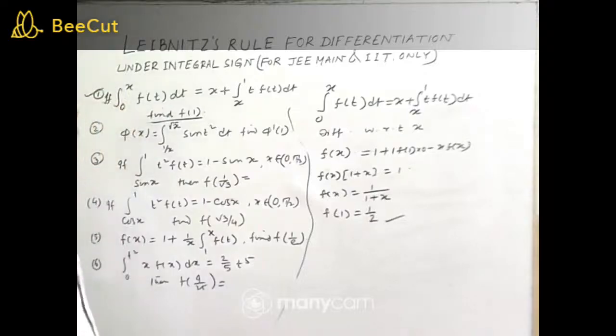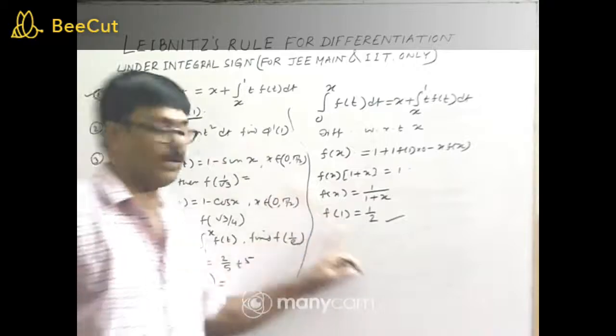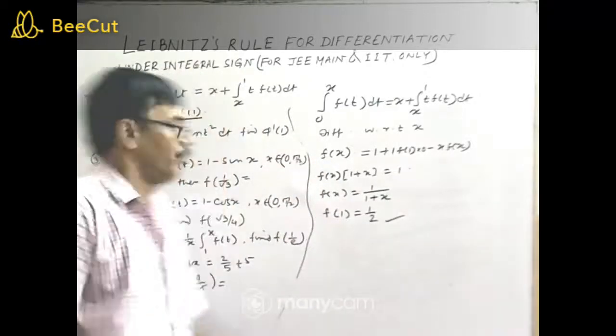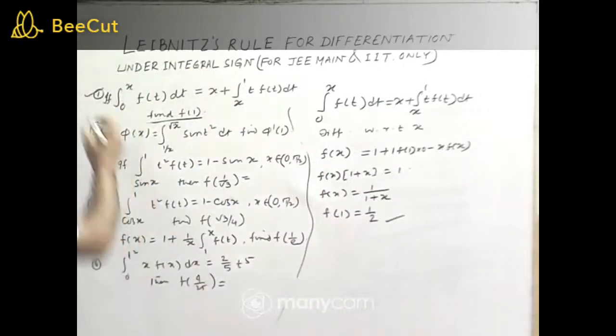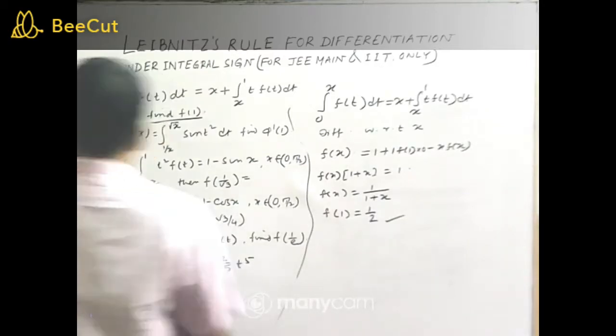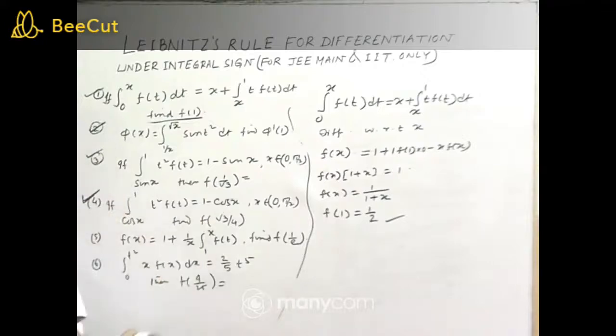So look, we do not know the form of f(x), but we can find the value of f(1) by using this. Similarly, problems number 2 and 3 are all the same type. Problems 3 and 4 are 100% the same.